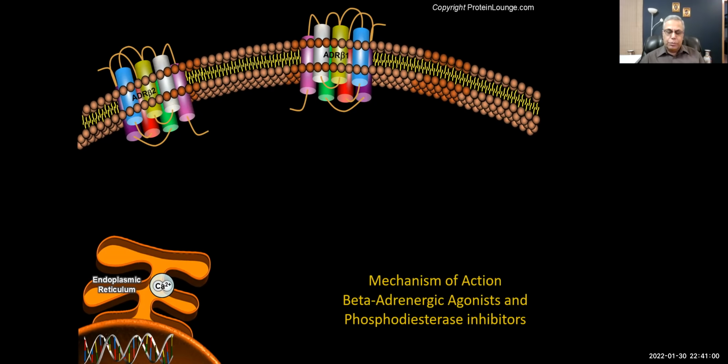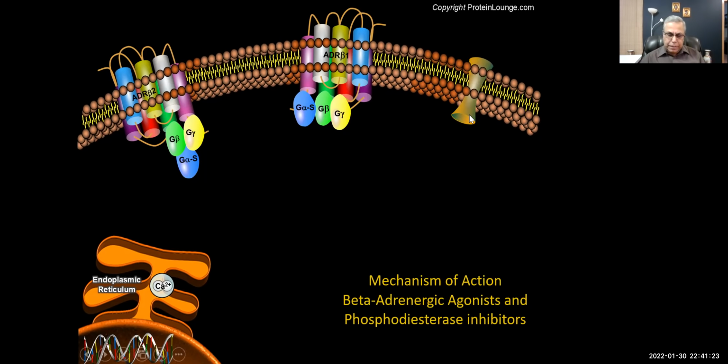The drugs also bind to these, but epinephrine and norepinephrine also bind to these, okay? And the beta-1 receptor is G stimulatory. It is G alpha S. This is also G alpha S. So these adrenergic beta-1 and beta-2 receptors are stimulatory G protein coupled receptors.